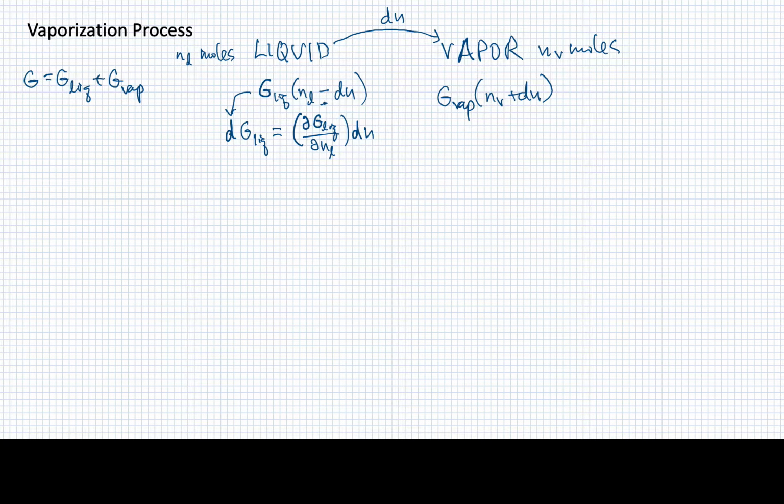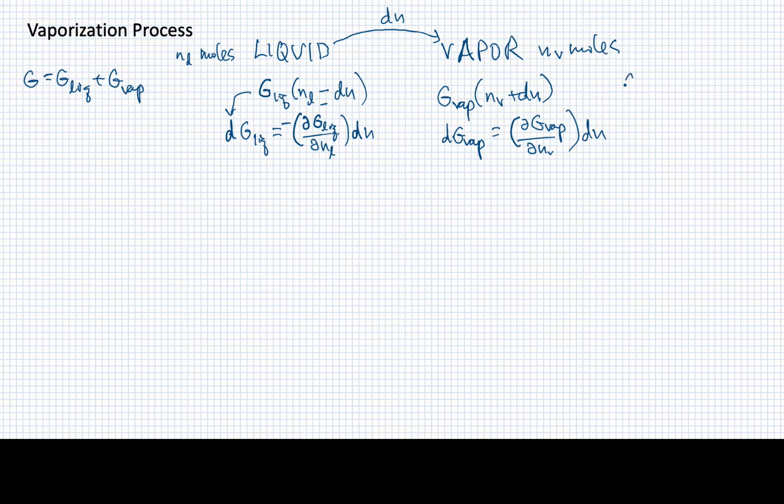Since this is a negative, I'll put a negative sign out in front just to keep us honest. For the vapor phase, I'll have a very similar expression: the partial of the Gibbs energy of the vapor with respect to its number of moles, times dN.